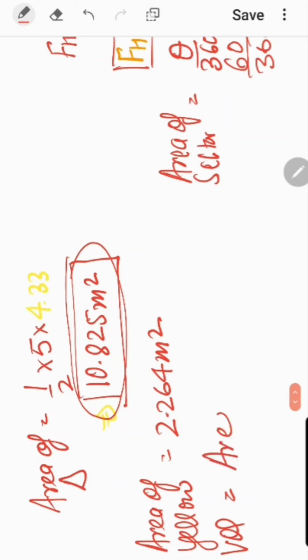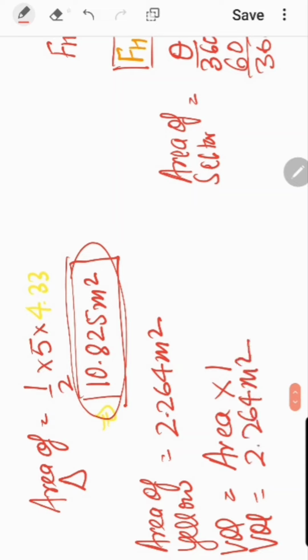So my dear students, the volume of the yellow shaded region is going to be 2.264 meter cube. It is meter cube because it is the volume.